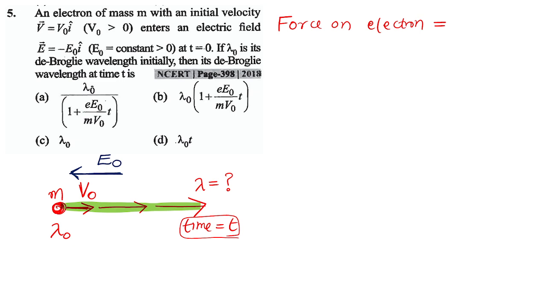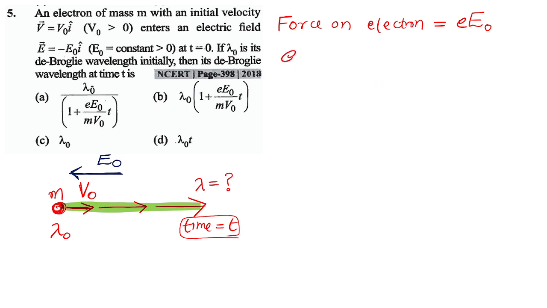So the force on the electron will be e into E0. E0 is actually a force per unit charge, the electron has the charge e, so the force on the electron will be eE0.